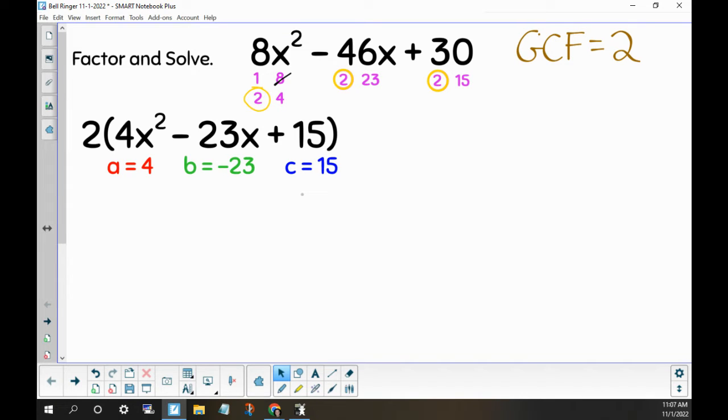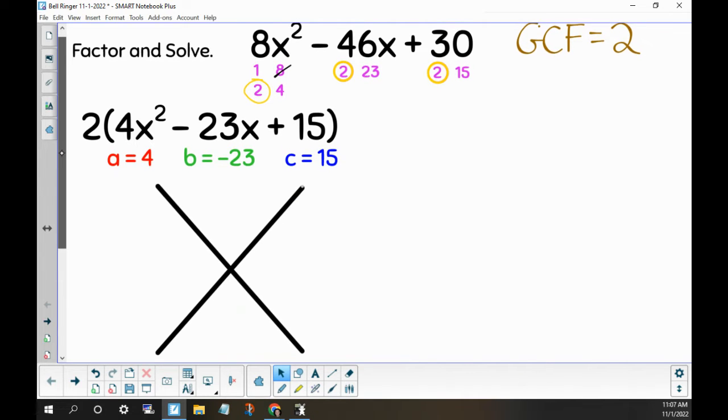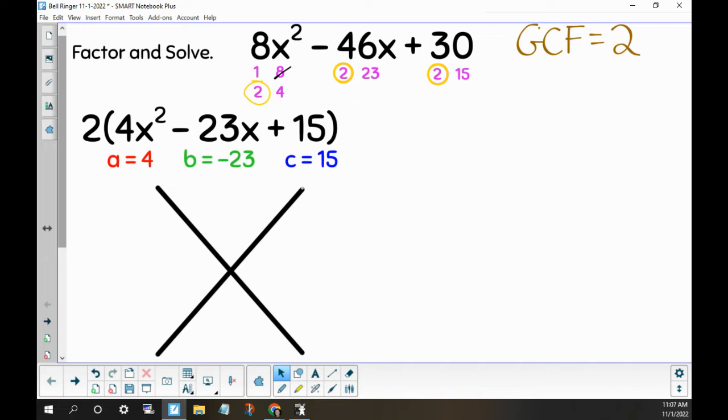And once we do that, all right, we can draw our X. Now, remember on top is A times C. So what's 4 times 15?